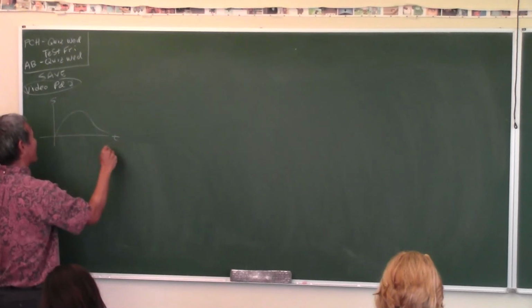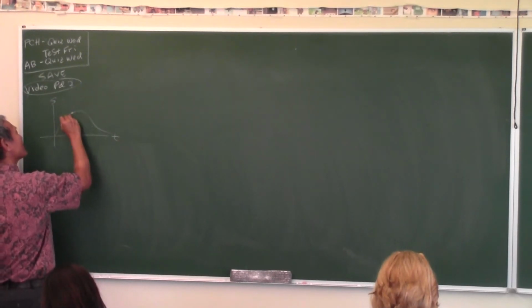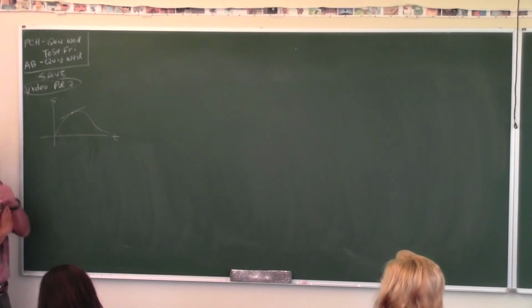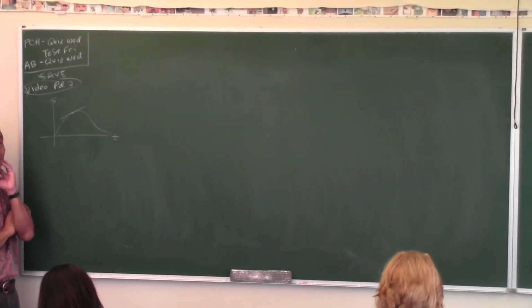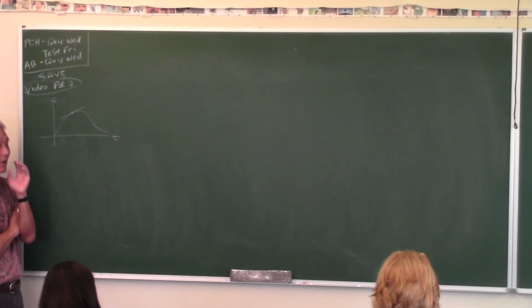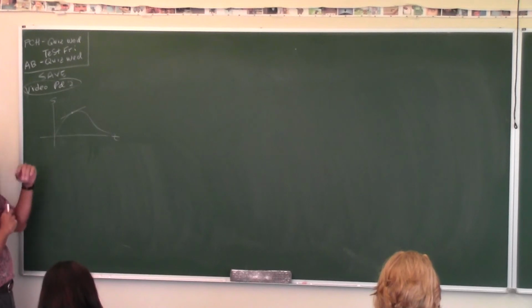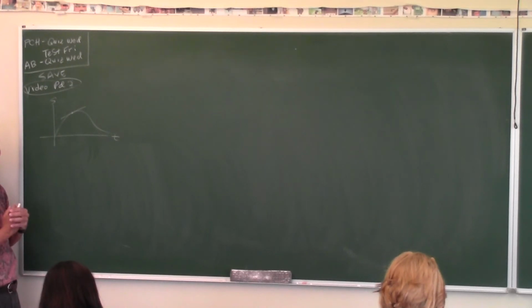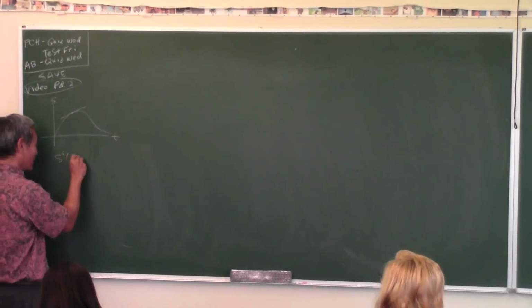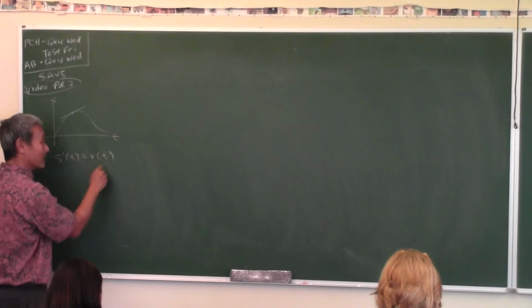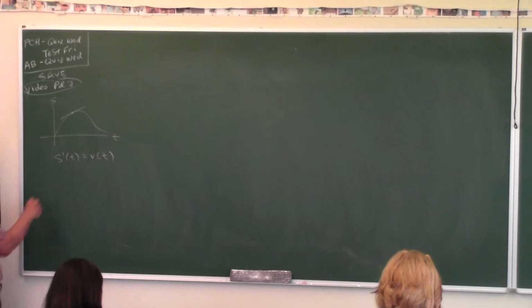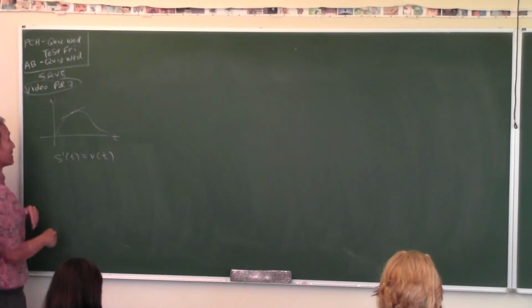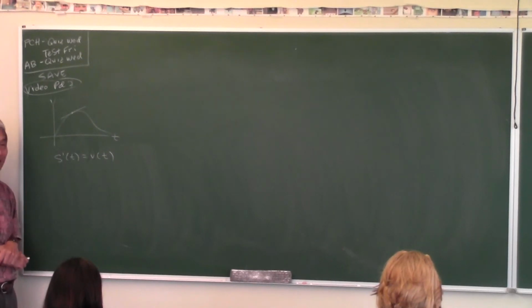If this is the graph of position, what does the slope of the tangent line tell you? We learned this in instantaneous velocity. And what tells you the slope of the tangent line? The derivative. So if you take the derivative of position, you will get velocity. Now, what if this was the graph of velocity? What does the slope of the tangent line tell you?